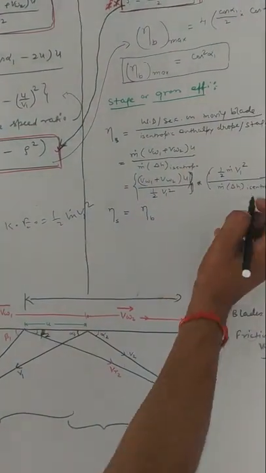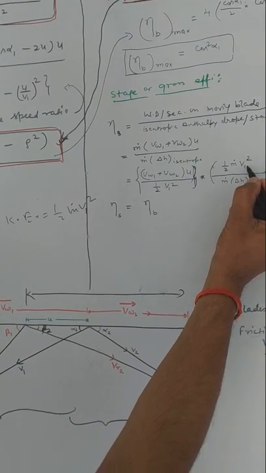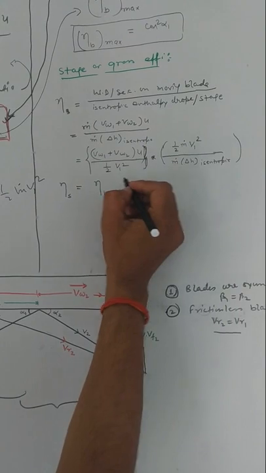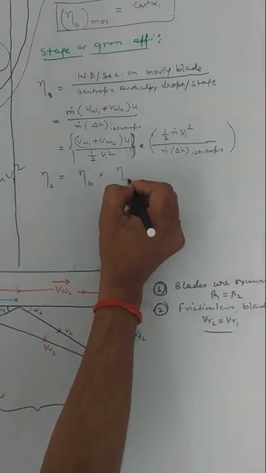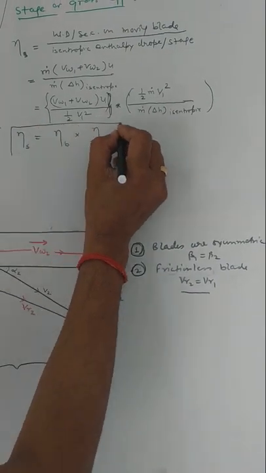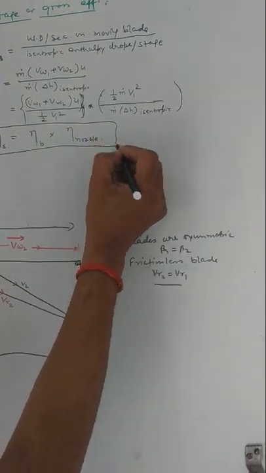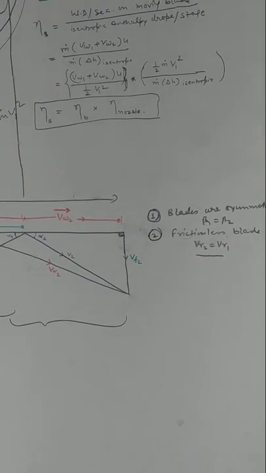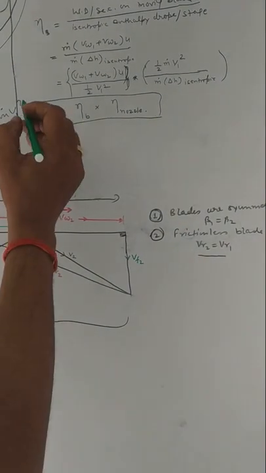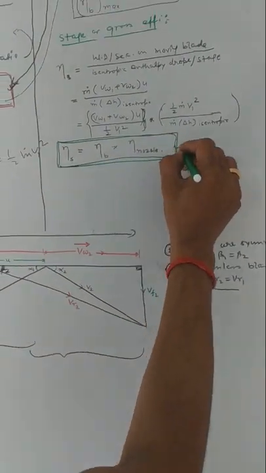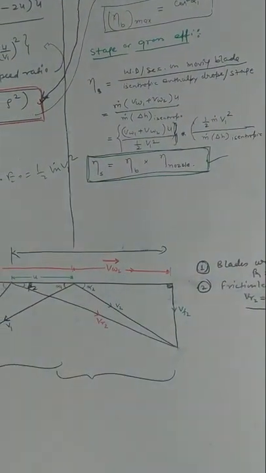We can say this is the energy obtained at the expense of this enthalpy drop. So this is the nozzle efficiency, eta of nozzle. Stage or gross efficiency is calculated with the help of this relation. Okay, that's it.